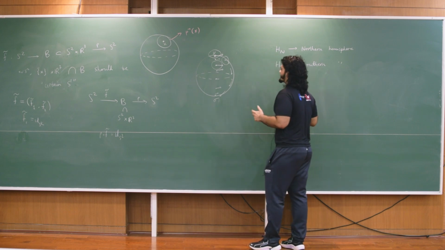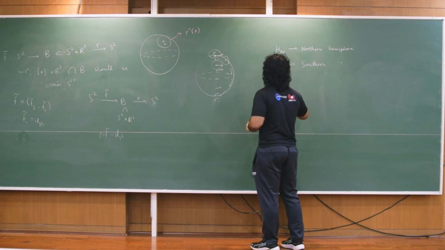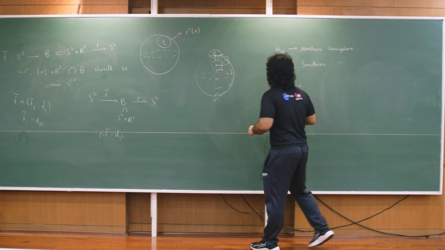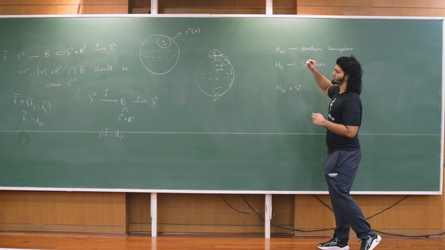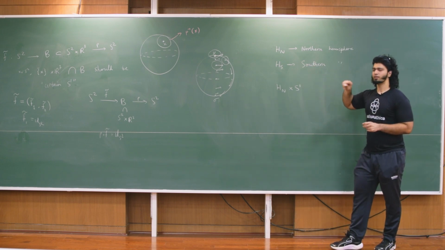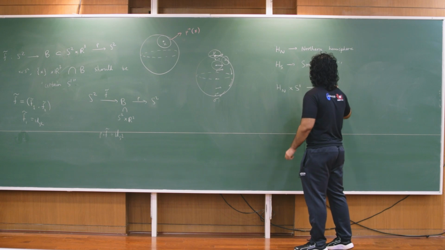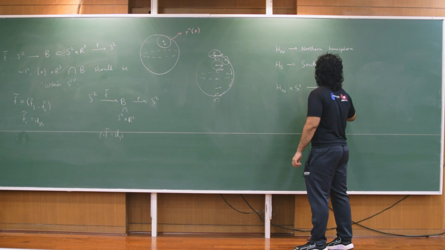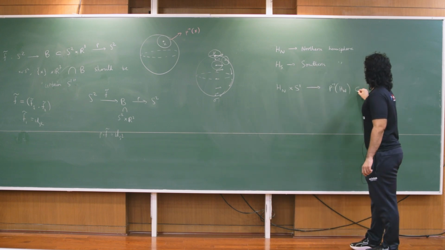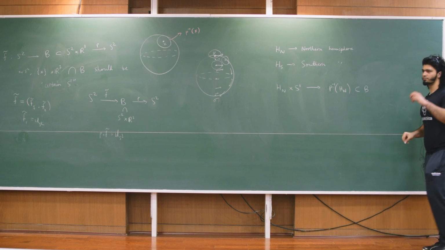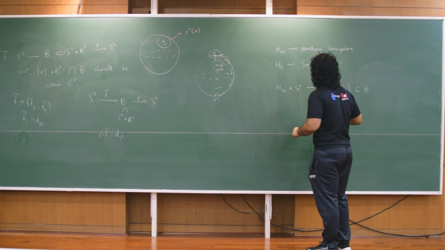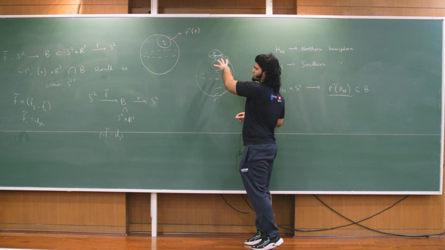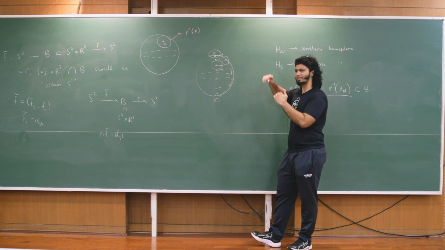So what I'm trying to do is take Hn cross S1, by which I mean that for each point in the northern hemisphere I have a copy of S1, and I'm mapping this to P inverse of Hn, which is sitting inside B. Inside P inverse of Hn, all these circles are tilted, right? For each point there's a tilted circle associated to it.